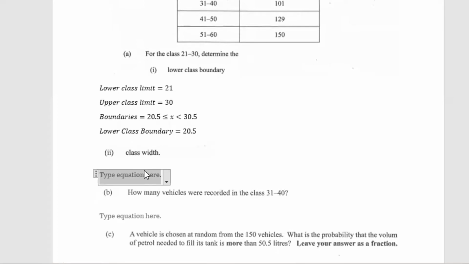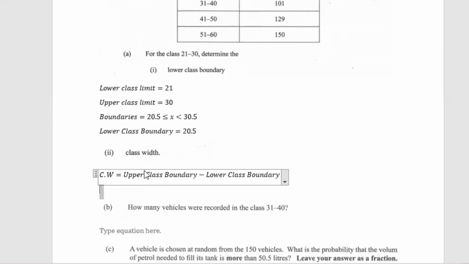Part 2 now asks us for the class width. A formula that we can use is that the class width is equal to the upper class boundary minus the lower class boundary.